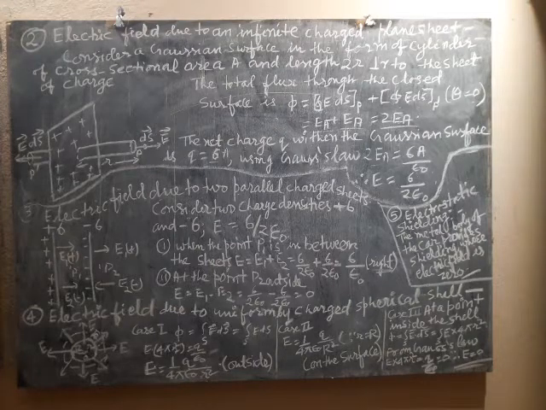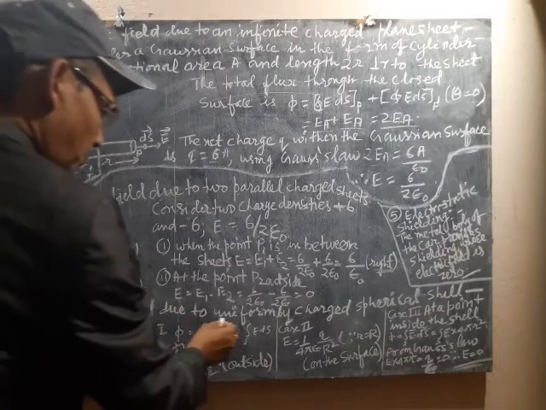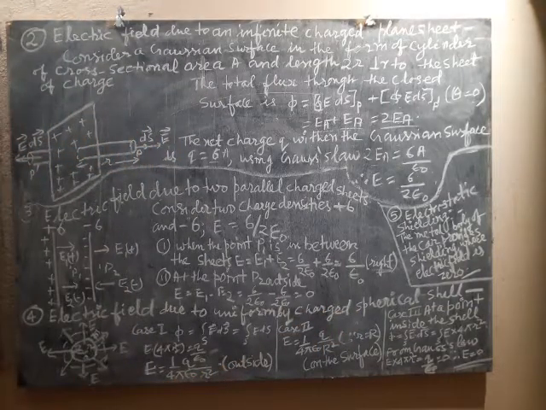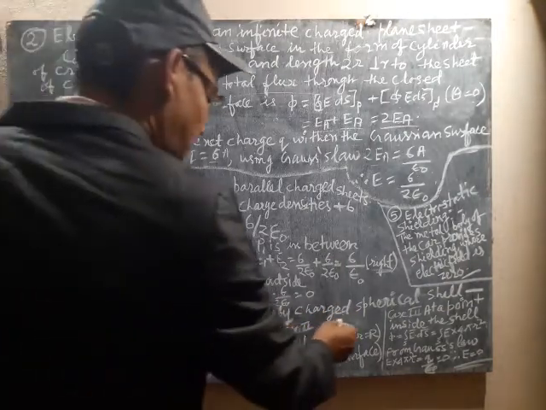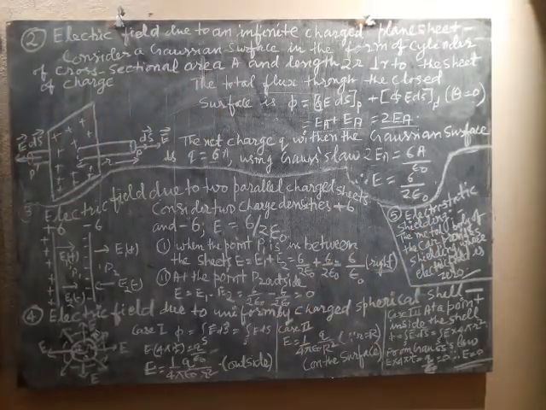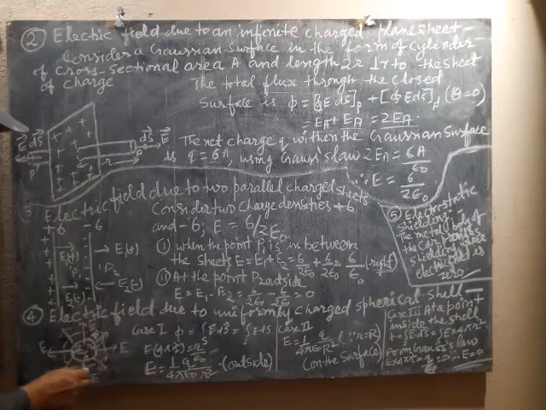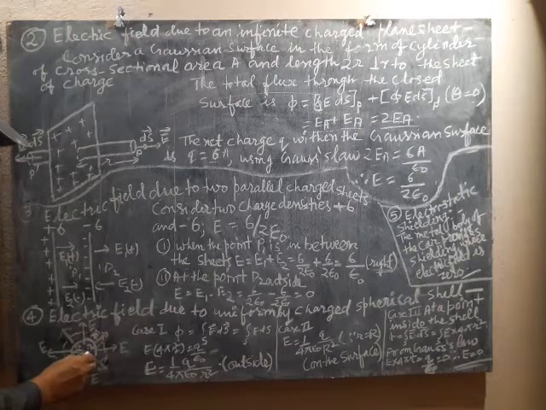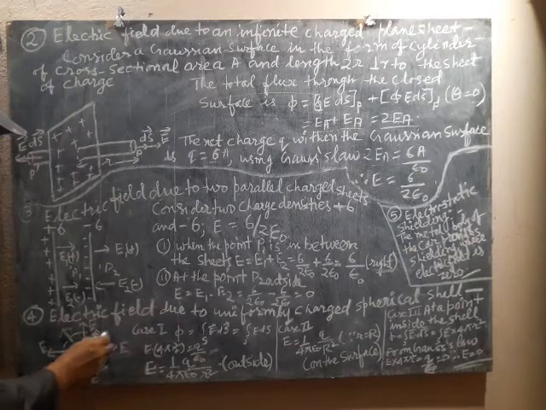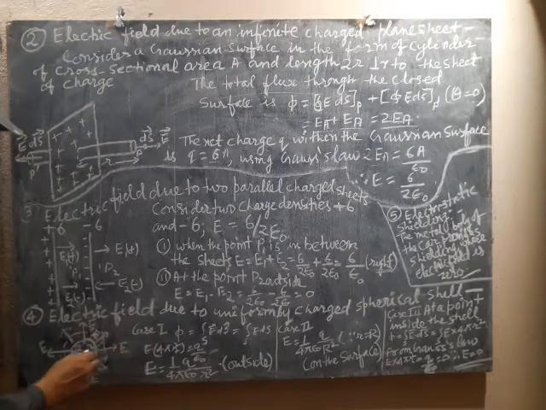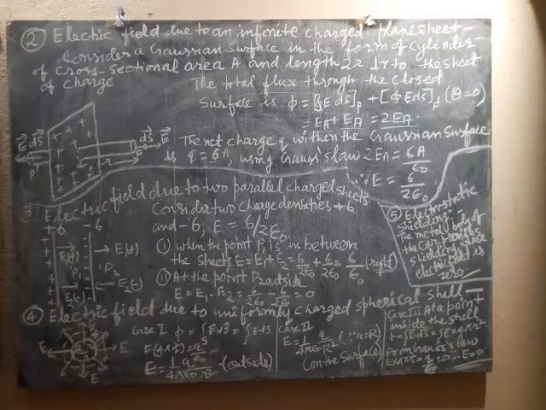The fourth application is the electric field due to a uniformly charged spherical shell. Uniformly means the distribution is always the same. Here we have drawn the figure, with capital R the radius of the shell and small r the distance of the point.